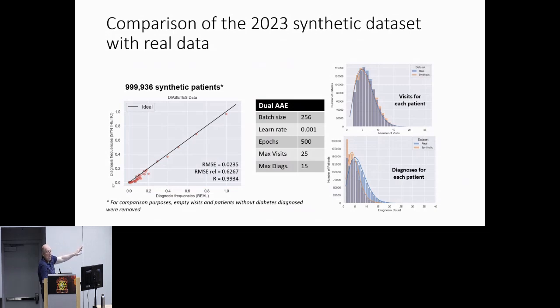Since there are many more patients with a low number of diagnoses, the model learns those better and builds more of them. It is the typical training bias, but we are working on that, right?